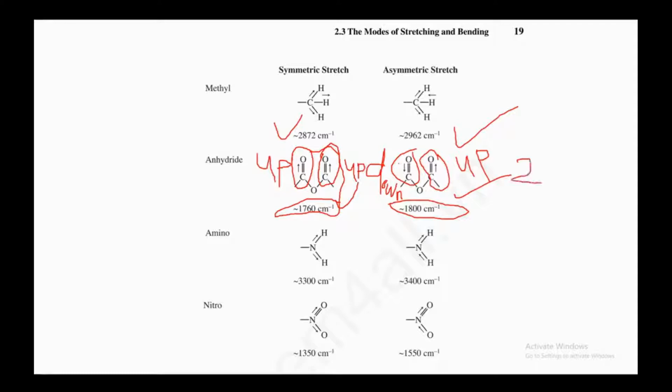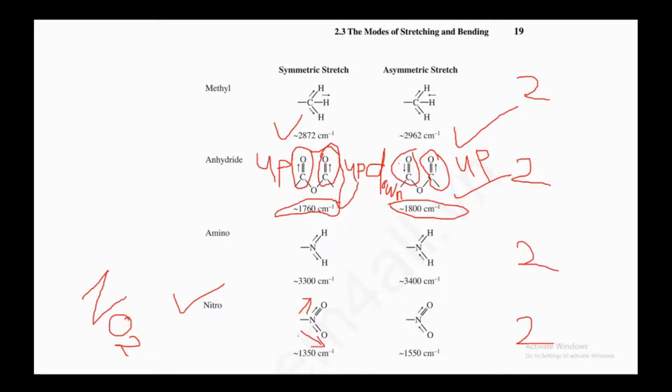So two peaks for carbonyl, two peaks for methyl, and two peaks for amino as well, and two peaks for nitro as well. The nitro group, NO2, is written like this. This is a symmetric stretch because both oxygens are going outside.